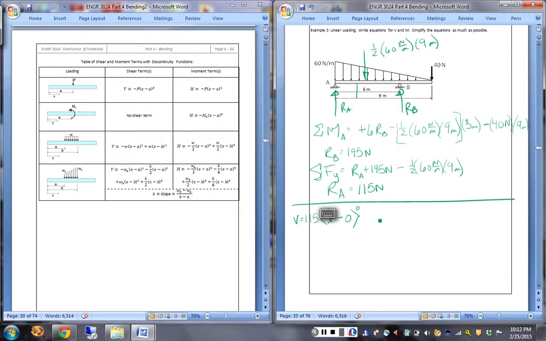For that, we need to figure out what the slope of W is.